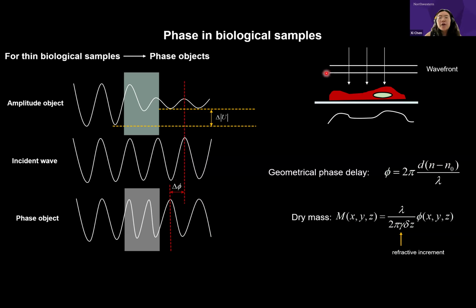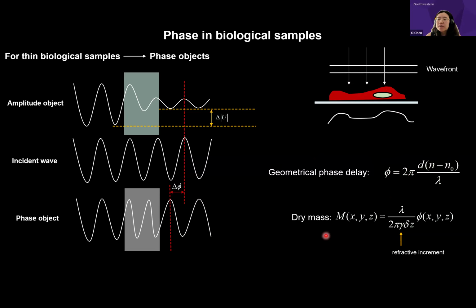You can think of a very simple cartoon where you have a plane wave coming in, and this is your cell. Based on the different thickness and refractive index difference, you will have different delay at each point in the cell. If you estimate using geometrical optics, it's very easy: you can approximate this phi as 2 pi d times the refractive index difference between the cell and the media, divided by your imaging wavelength lambda.